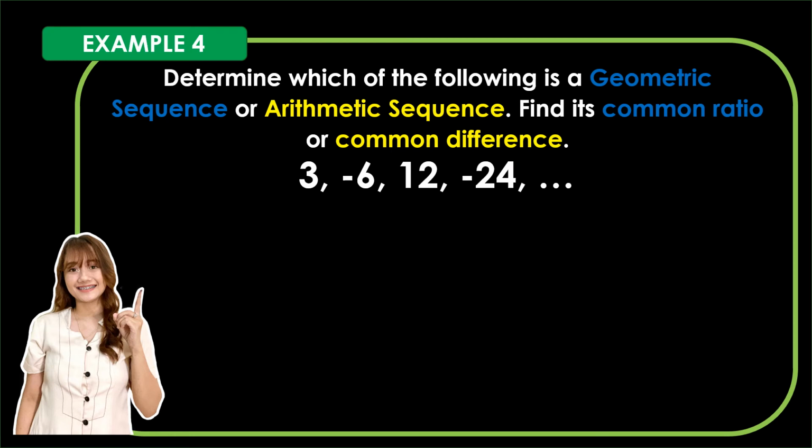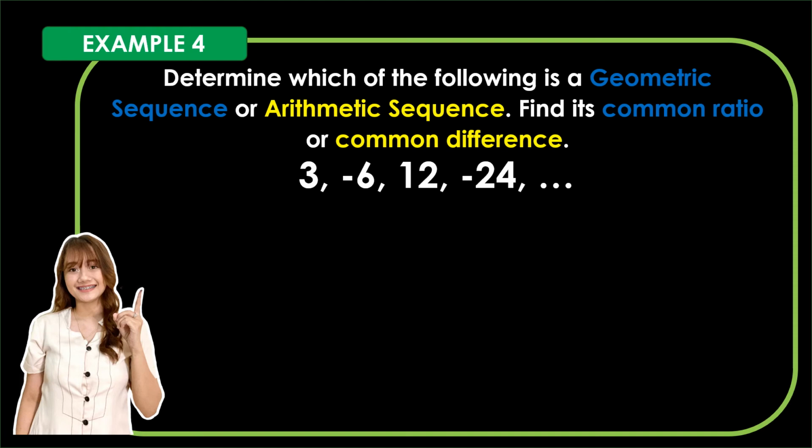Now, since we have alternating signs, let us assume that this sequence is a geometric sequence, because the differences between the terms are so big. So let us assume that the given sequence is geometric.